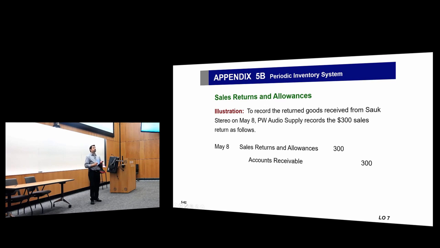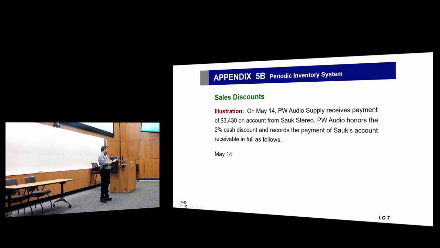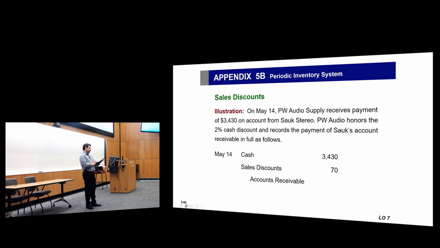The company will debit sales returns and allowances, credit accounts receivable. They are not going to adjust inventory and cost of goods sold. When they also have a discount, the company received cash $3,430. They also have sales discounts, and accounts receivable was credited the full amount.